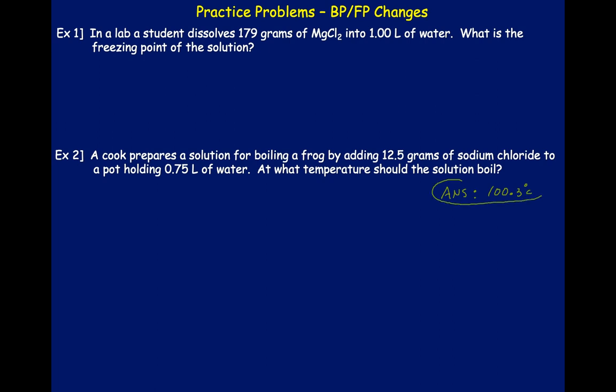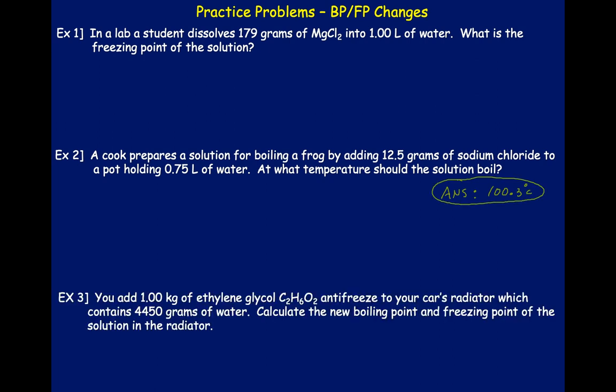And the answer to this one down here, I know I'm not giving you a lot of room on the PowerPoint, the boiling point would be 101.88 Celsius. And number 2, the new freezing point would be minus 6.73 degrees Celsius. Those are the answers to the next 2 practice questions.